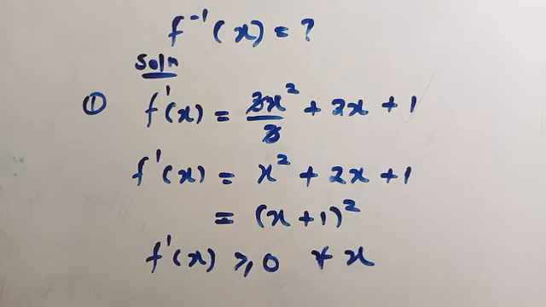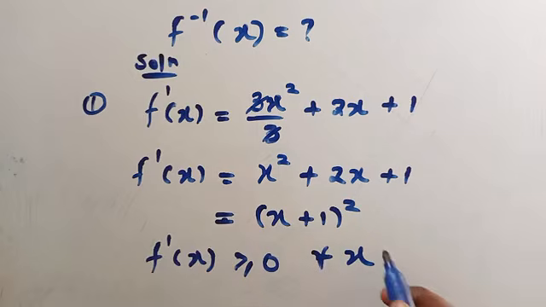Any value of x that we plug in here will always give positive or 0. If we test x equals minus 1, that is the only place where we have 0. The other values always give us positive.